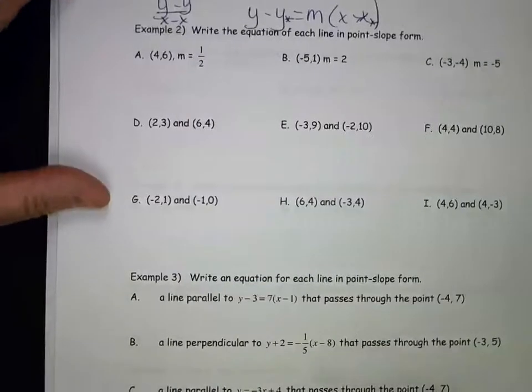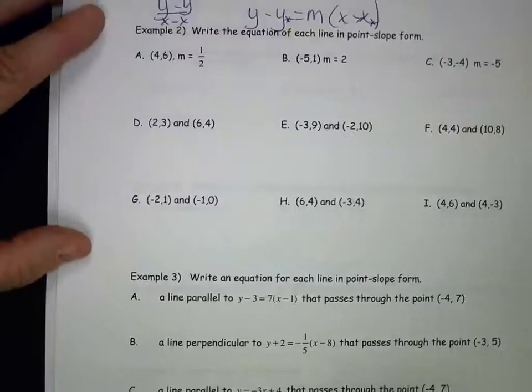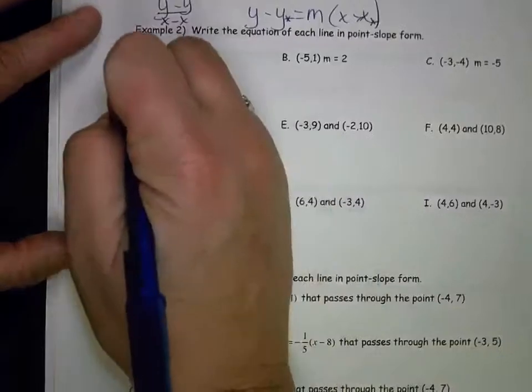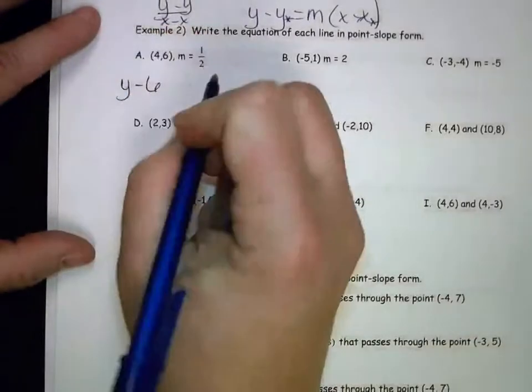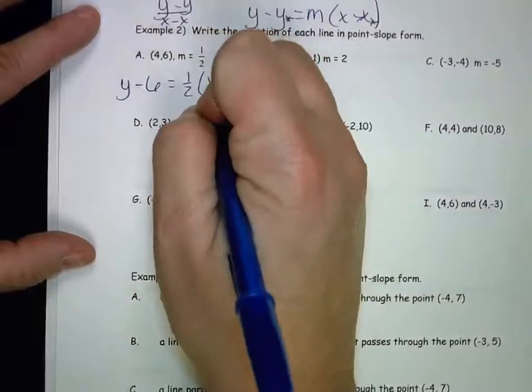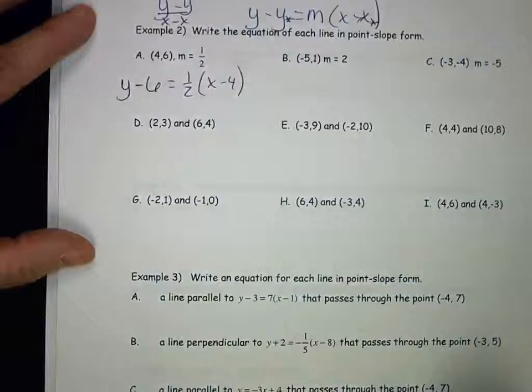And the nice thing about writing equations in point slope form is you just have to put your point in and your slope in, and then there really aren't any calculations. So this will become y minus 6 equals 1/2 times x minus 4. Y minus y star equals m times x minus x star.